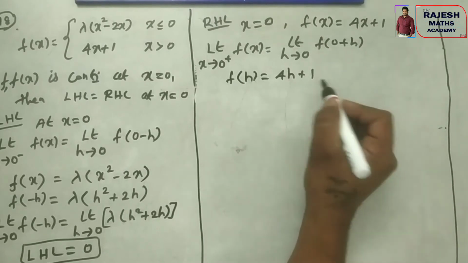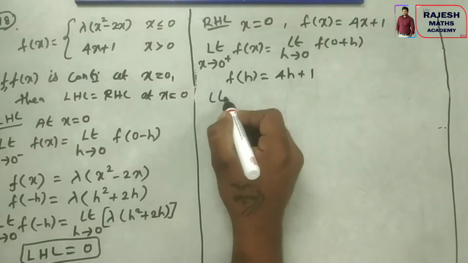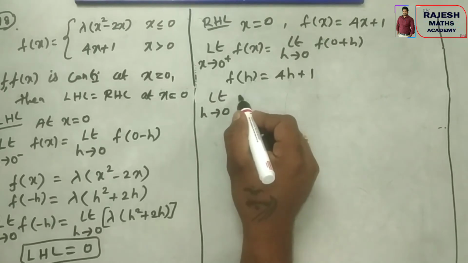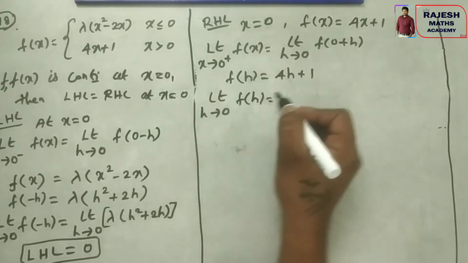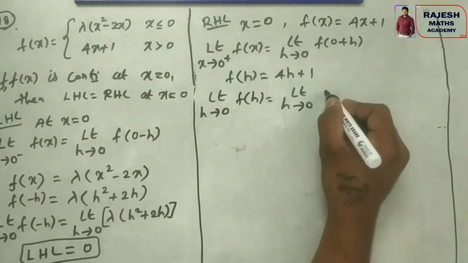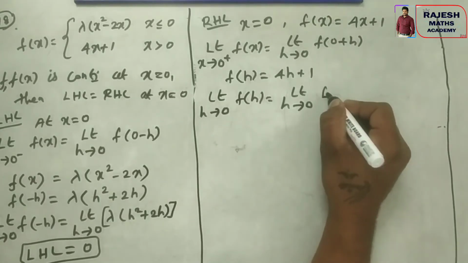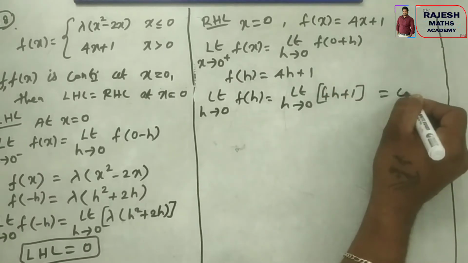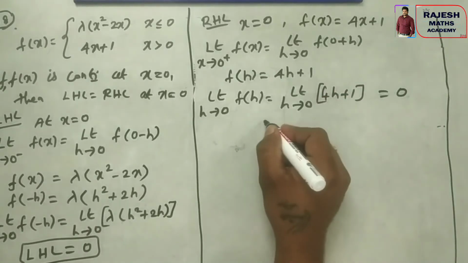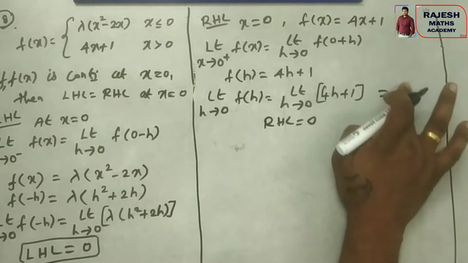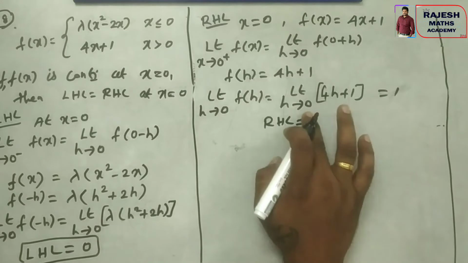So now f of h equal to 4h plus 1 means find the limit. Limit h tends to 0, f of h is equal to 4h plus 1. Applying h equal to 0, that is equal to 1. So my RHL is equal to 1.